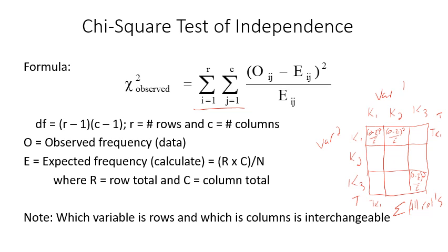To get the expected, you're going to take that row total, multiply by the column total down here, and divide by n. Down here is going to be your n. So the expected is row total times column total divided by n. In that way you are getting an expected frequency.